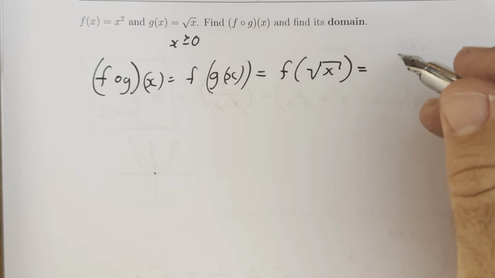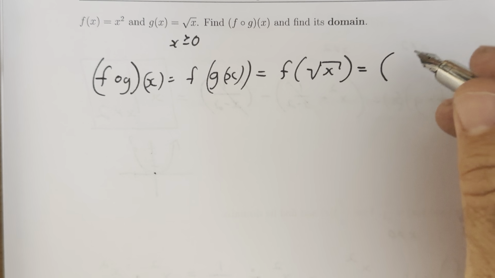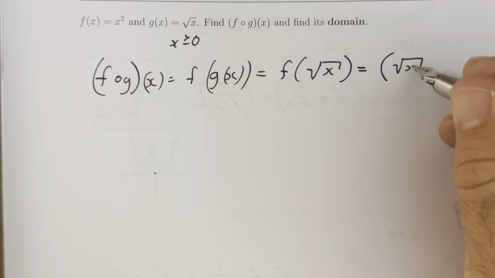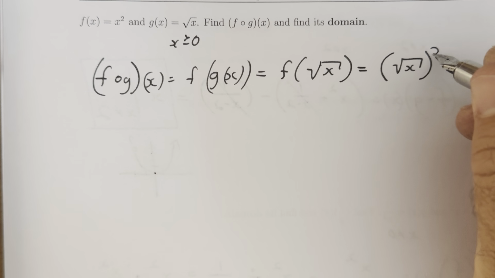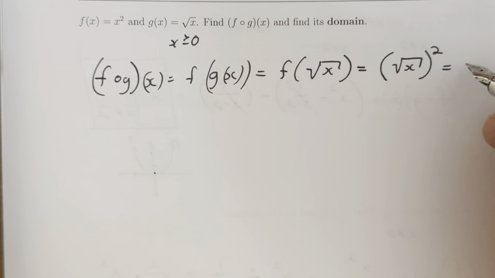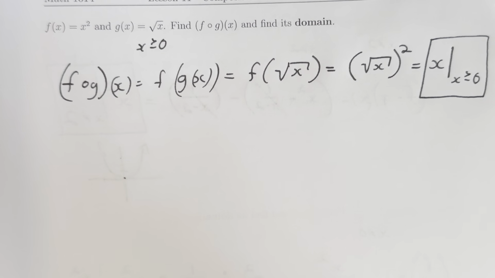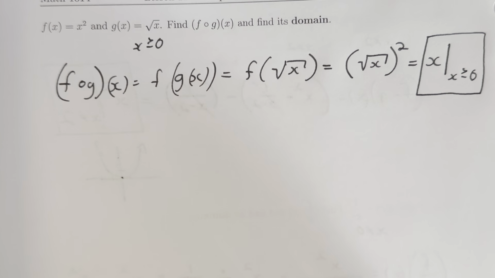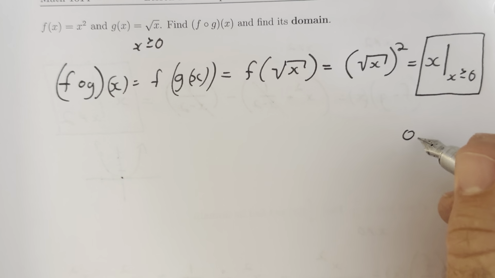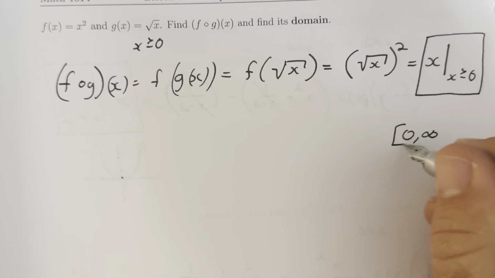And so I've got the square root of x, squared, which is x, such that x has got to be equal to or more than 0. That's our answer with the domain restriction. Right, the domain here would simply be 0 to infinity.